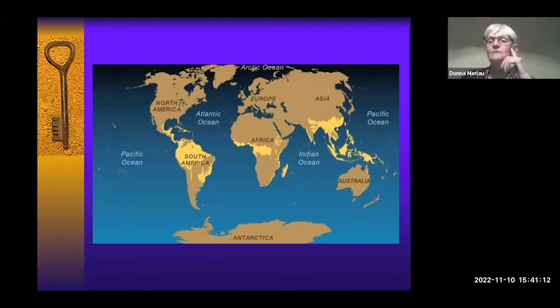Think vegetation. Look at South America. What would be going on there that I might be able to apply that idea to the other areas? Any ideas?